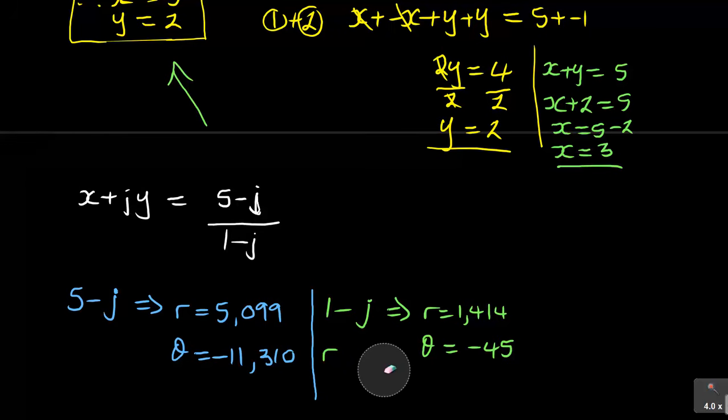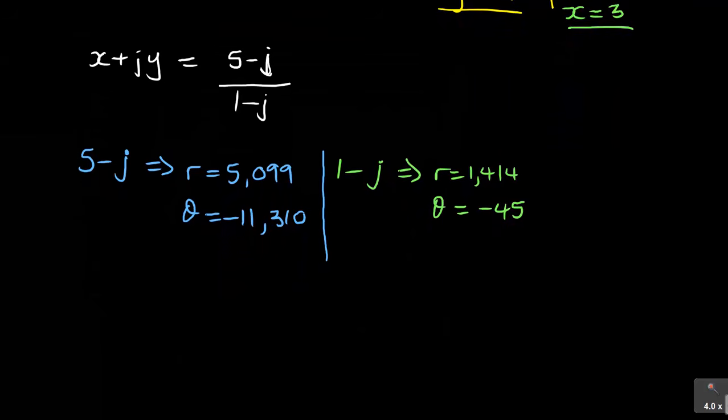So this is what I'm having now. And if I then write x, taking it back, I've got x plus jy is equal to, now where there is 5 minus j, how do I write it? Remember, now I'm converting from a rectangular form into a polar form.